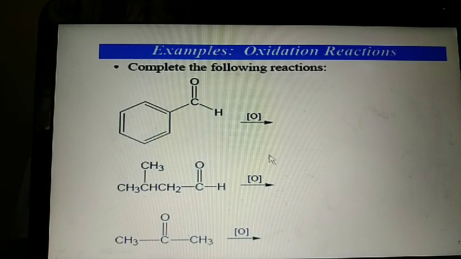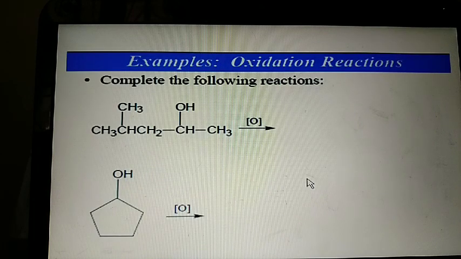These are all examples, and homework for you people: what happens when benzaldehyde undergoes oxidation, what happens to an aliphatic aldehyde on oxidation, and what happens to a ketone on oxidation.